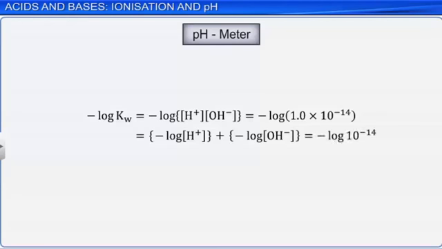As negative log of Kw is equal to pKw, negative log of H plus ion concentration is equal to pH, and negative log of OH minus ion concentration is equal to pOH.